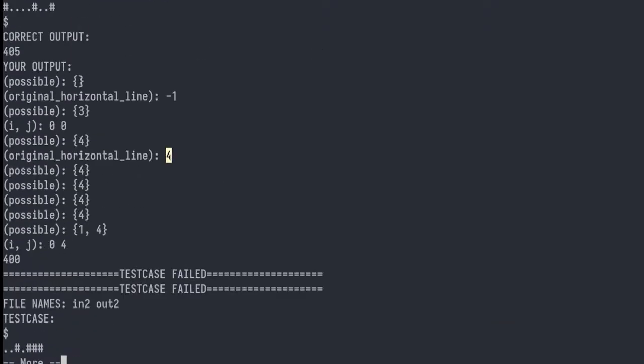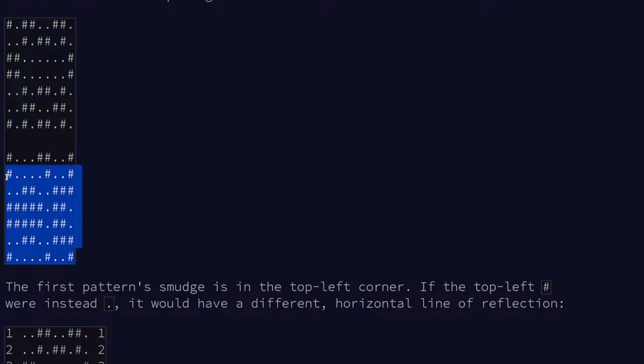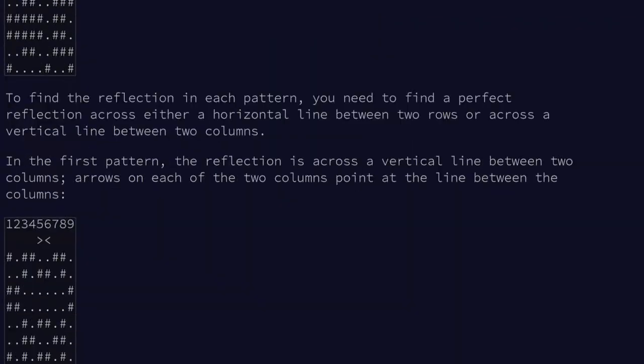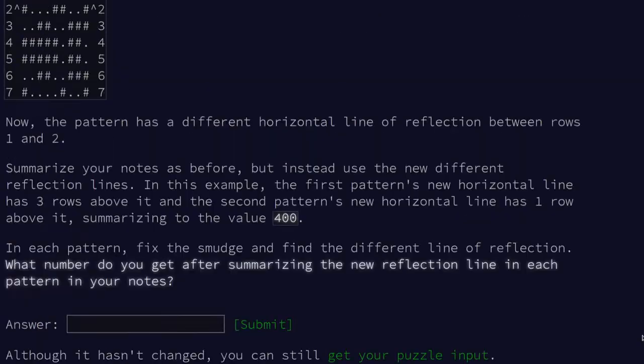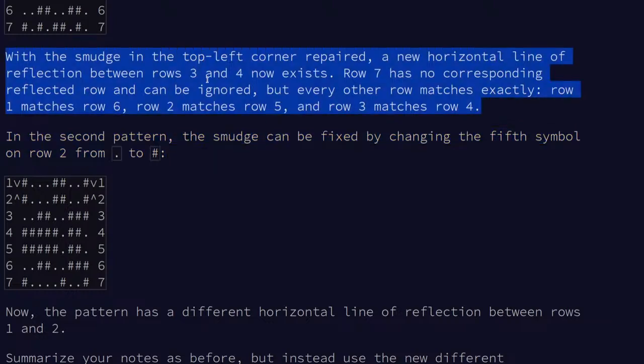Original was at 4 0 1 2 3 4. These two are same. These two are same, and these two are same. And we get a new changing the set small.